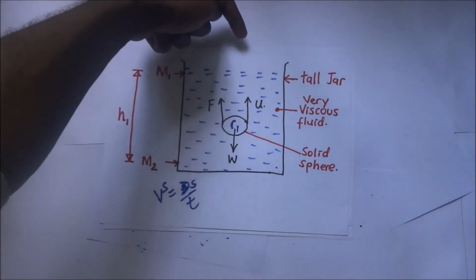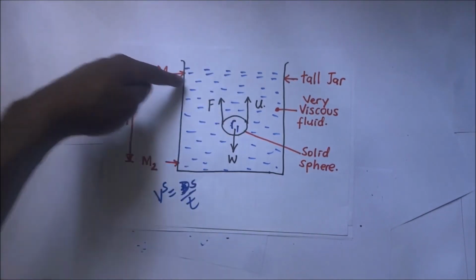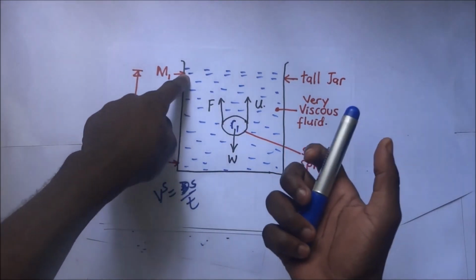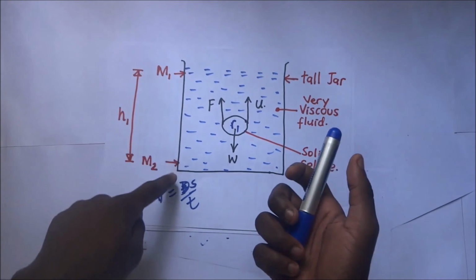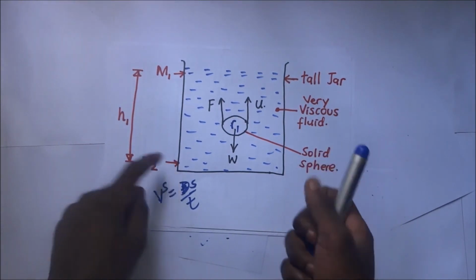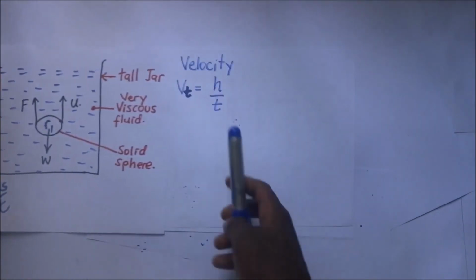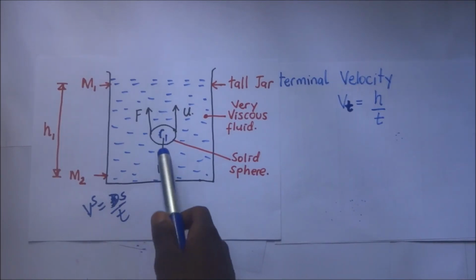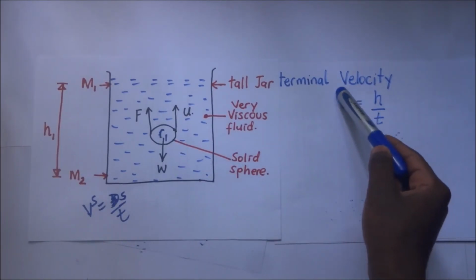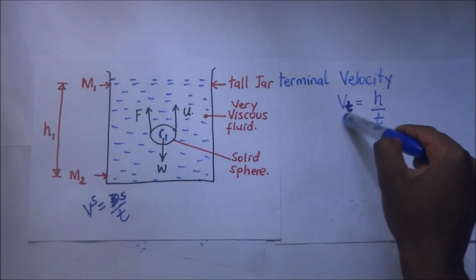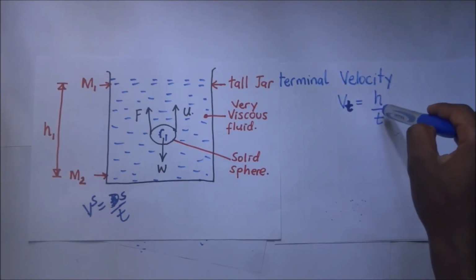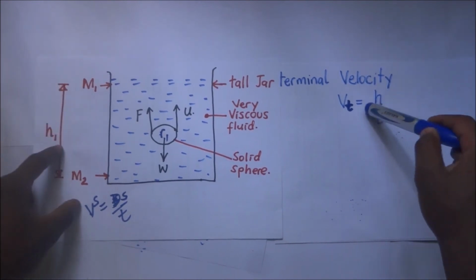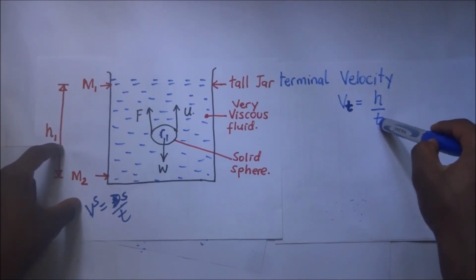As this solid is falling through, when it has just passed M1, you start your stop clock, then when it reaches M2, you stop it. Then you find the velocity of that ball of radius R1 using the formula that speed equals distance divided by time, the distance in this case being the height h1, divided by the time.